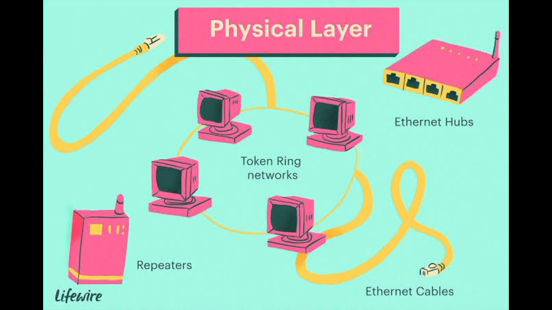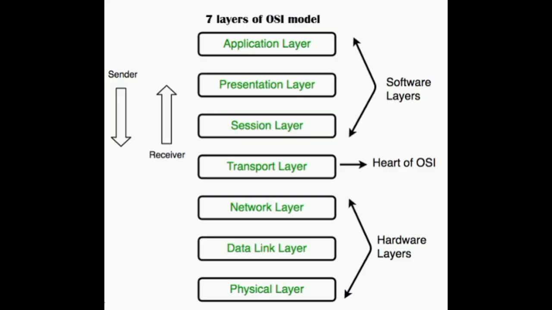From there it also moves up. From the physical layer it goes up to the data link layer, the network layer, the transport layer, the session layer, the presentation layer, and to the application layer.